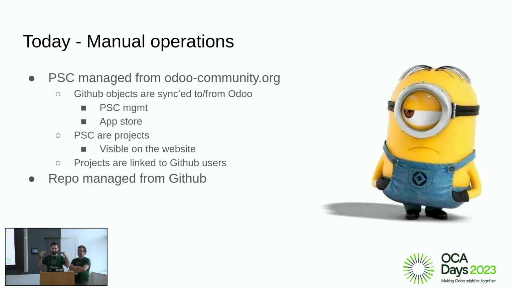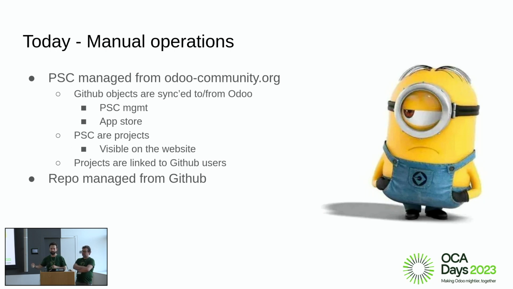This is because originally when the OCA started, they foresaw that we could manage everything in Odoo, but that is not the case today. But we still have the projects, with the members attached to the project landing in the teams on GitHub. So we have to find the user, plug them into the right project, and so on. And then sometimes the GitHub user does not match the user on the platform.